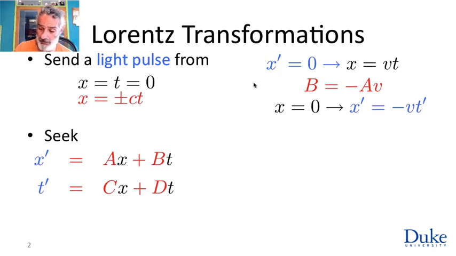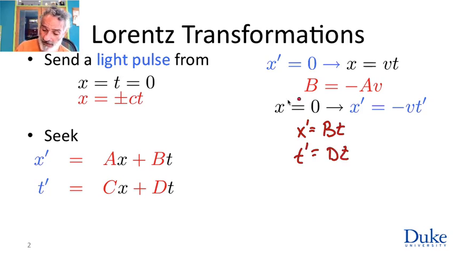So let's plug that into our equations and see what it tells us. When I set x equal to 0, I can see from my equation that x prime is equal to b times t, and t prime is equal to d times t. Remember, the idea is that any event with x equals 0 at any time should be such that x prime is related to t prime by this relation. The world line of the black observer is of something moving with velocity minus v.